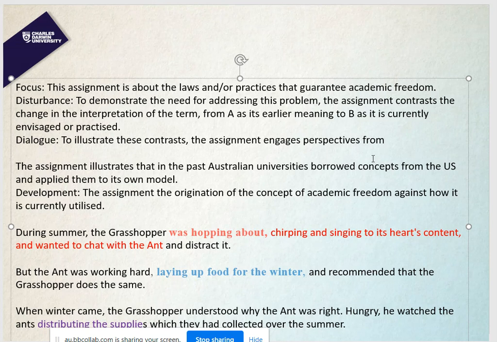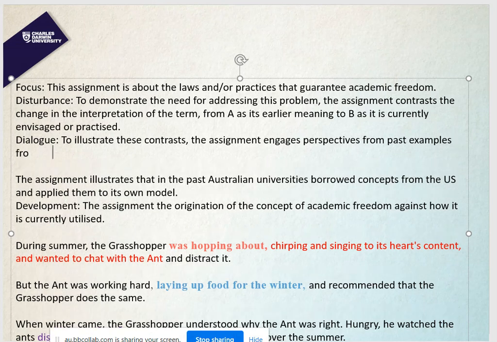Draw on past examples from the United States. But why the United States when we are talking about academic freedom in Australia? You can include them, but you have to be sure that's what you want, because we emulate them. This is why you include them.